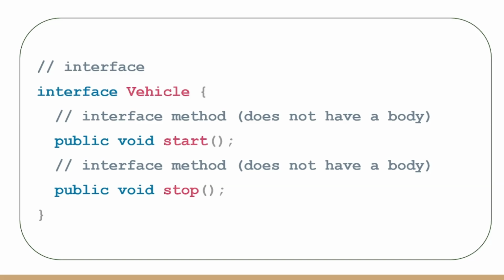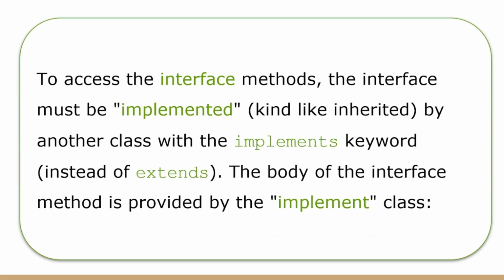Here you see, I want to achieve the same thing with a vehicle interface. Now I have created a vehicle interface, and there are two abstract methods, start and stop. To access the interface methods, the interface must be implemented, that is, inherited by other classes.